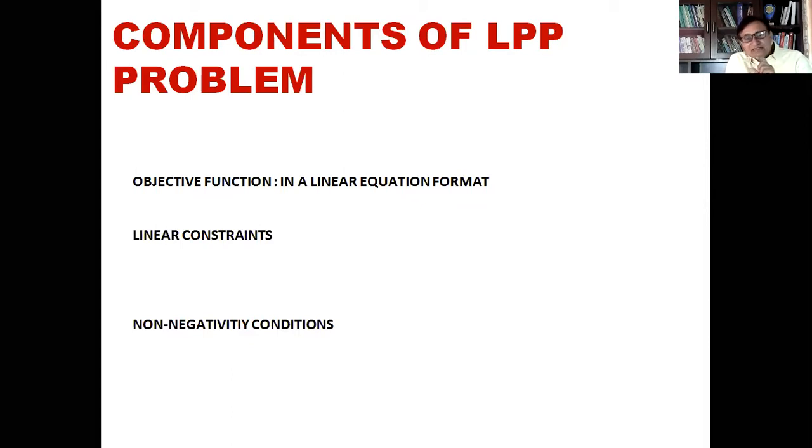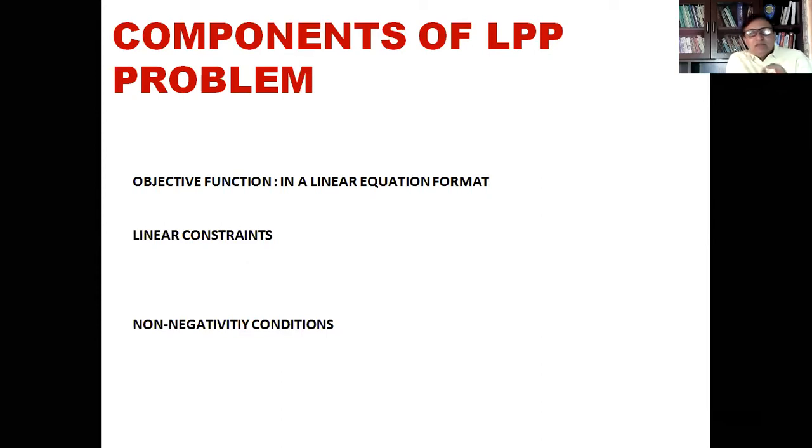That objective function must be in a linear equation format. For example, our objective may be to maximize profit or to minimize cost. If you have to maximize profit, it will be maximize Z. Z will be equal to the total profit from all the products.